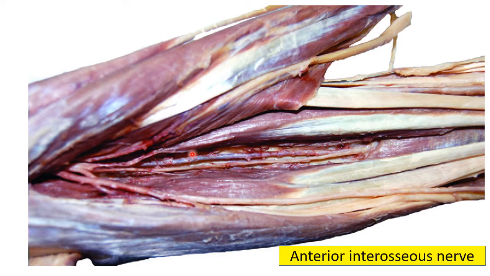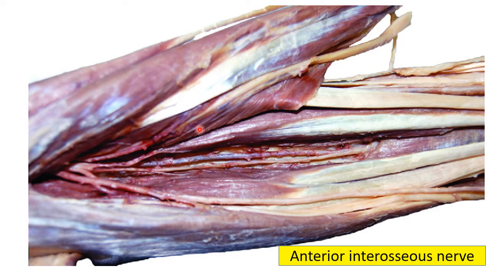To find that nerve, you have to remove all the superficial group of flexor compartment muscles, meaning the pronator teres, palmaris longus, flexor digitorum superficialis, and also the flexor carpi radialis.